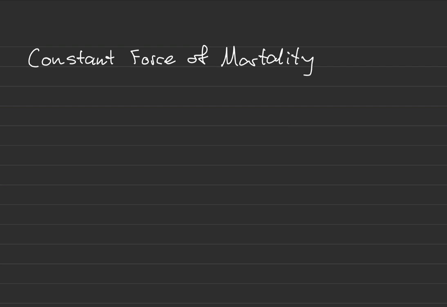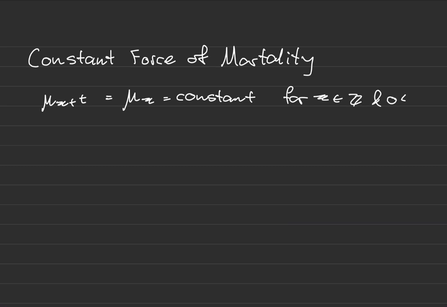Okay. So now, instead of saying that this probability of death is constant over a year of age, I'm going to assume that the force of mortality is constant over the year of age. So I'm saying mu x plus t will just be equal to mu x, which is a constant, for x an element of the integers, and once again t lying between 0 and 1.